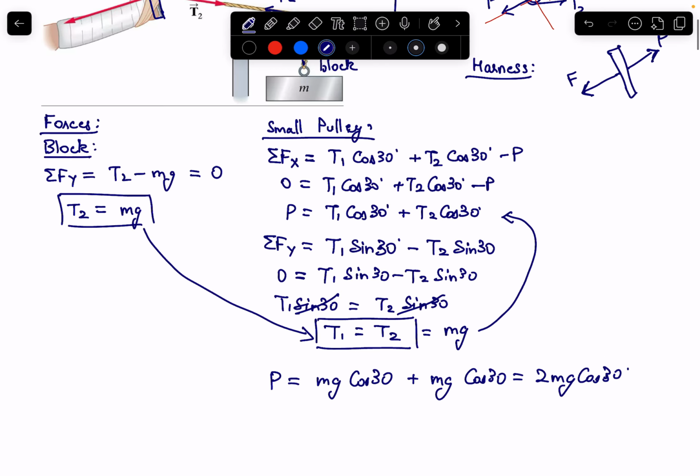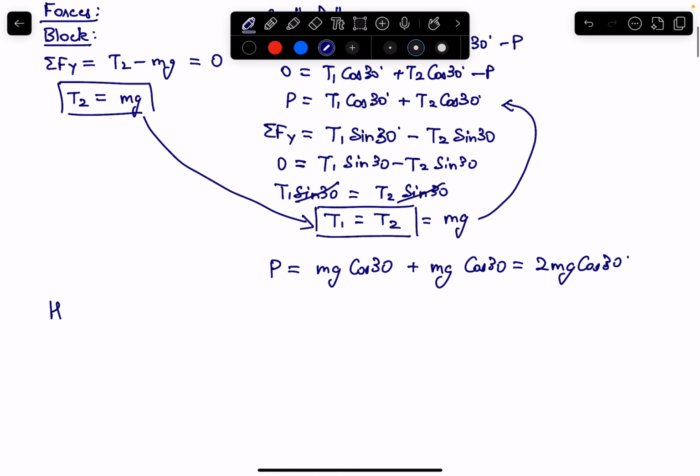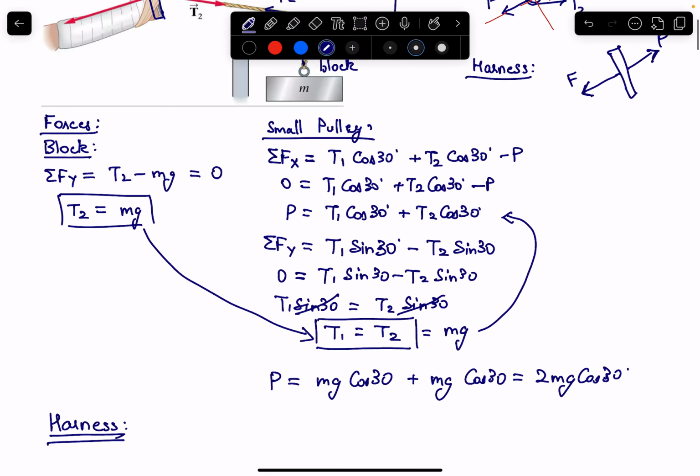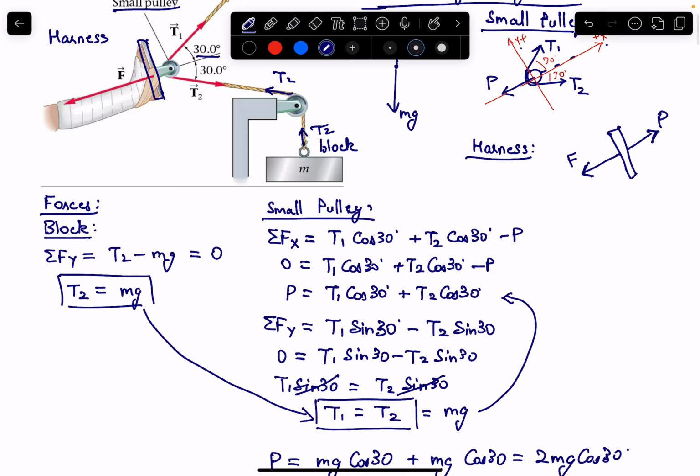Let's look at the harness now. In the harness, there are only two forces, and if this particular harness is in equilibrium, they both have to be in the same axis, right? They have to be along the same line.